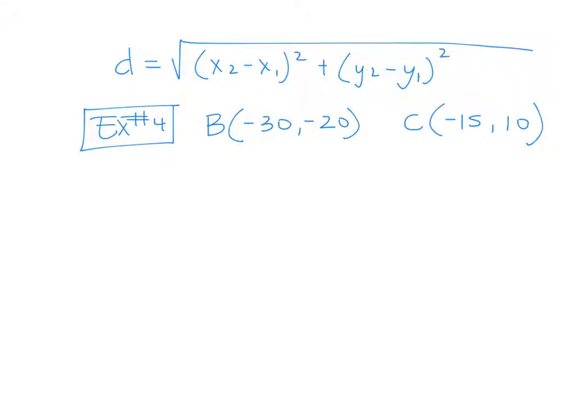So it doesn't matter which one's 1 and 2. It just matters that your two ones stay together, x1 and y1 stay together, and x2 and y2 stay together. Okay, but you can use either point for that.